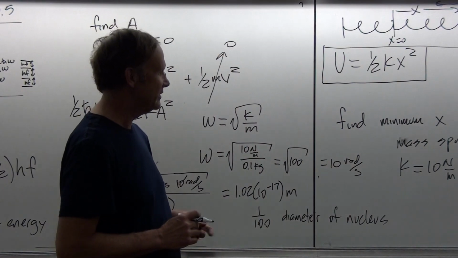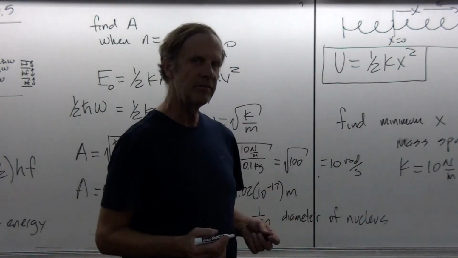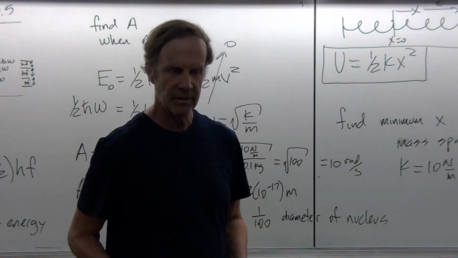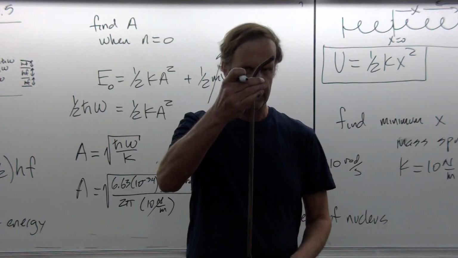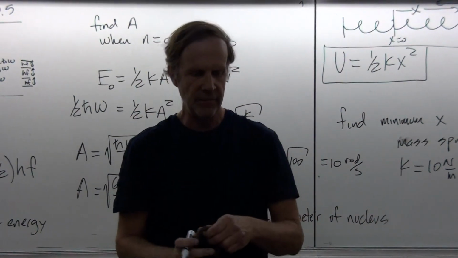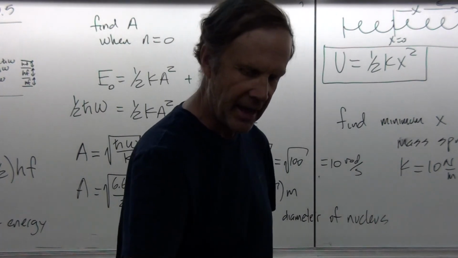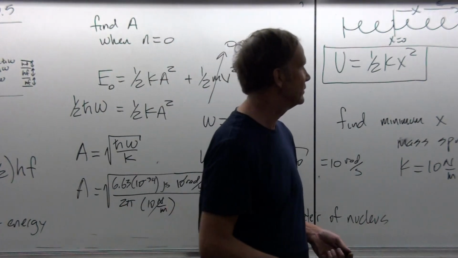Now, if we were to take the same system and ask, well, what is the n value? If we were looking, say, at a mass spring system like this one, what would be the n value if the amplitude were equal to, say, 10 centimeters?